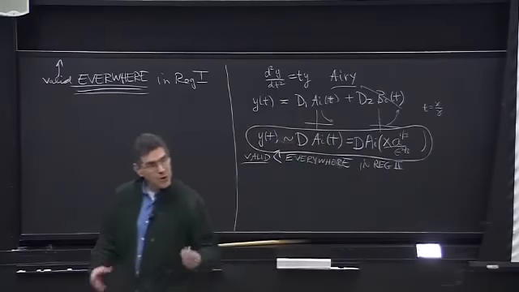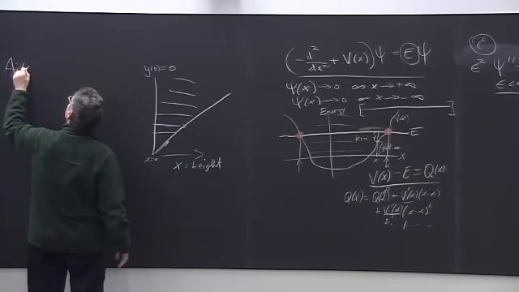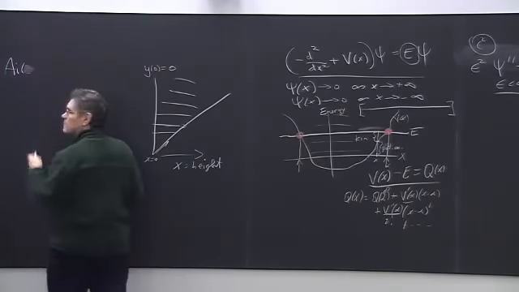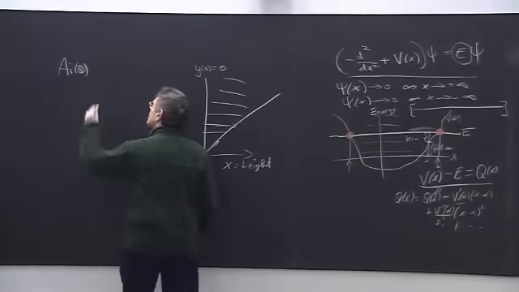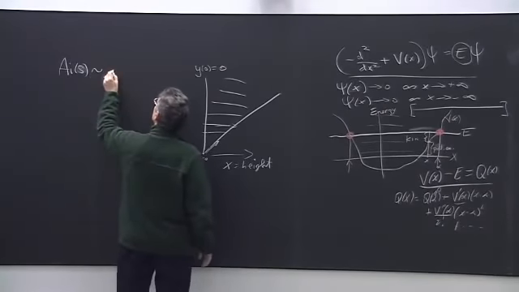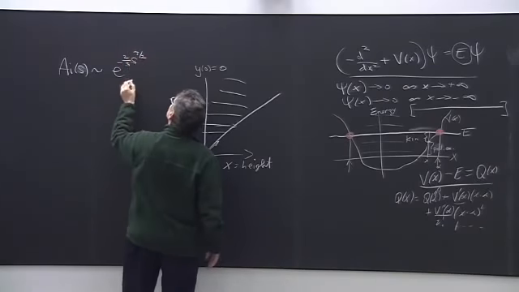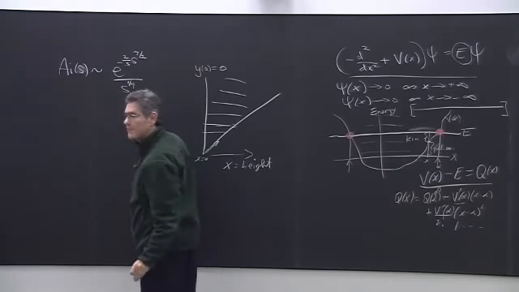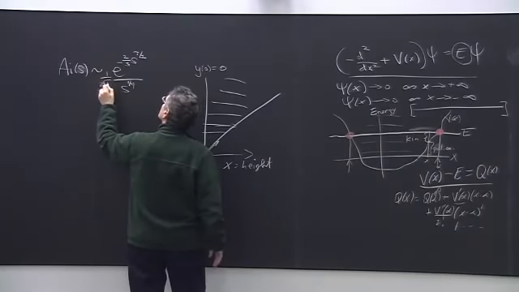In a book, we can see that Ai of s is asymptotic to e to the minus 2/3 s to the 3/2 over s to the 1/4 power times 1 over 2 square root of pi.